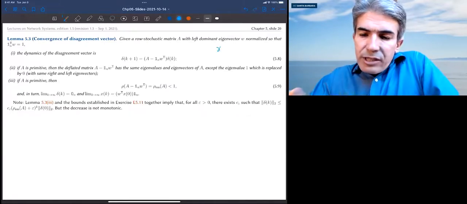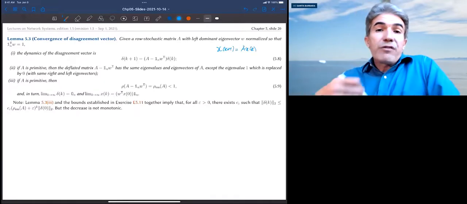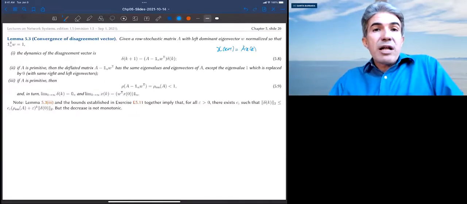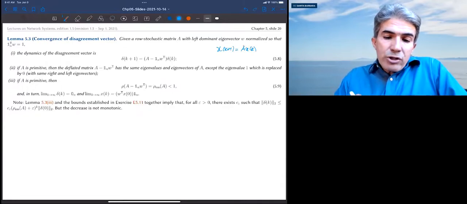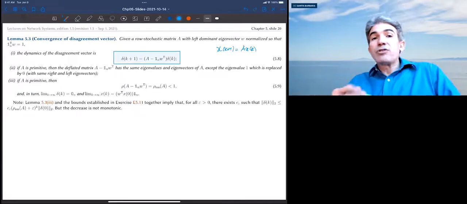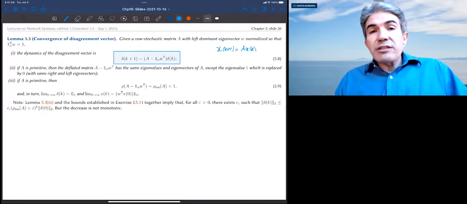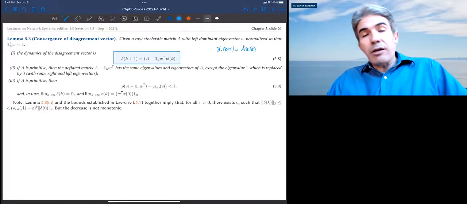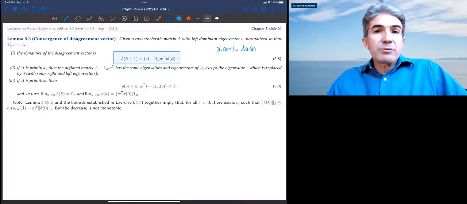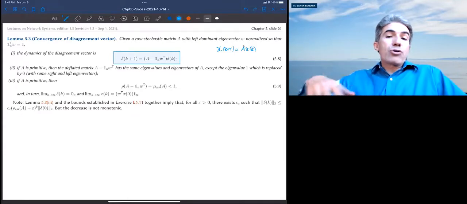If you move to this shifted variable delta, the disagreement vector, you can show that the dynamics of the disagreement vector, the state transition matrix, is just the deflated matrix A minus 1n W transpose.